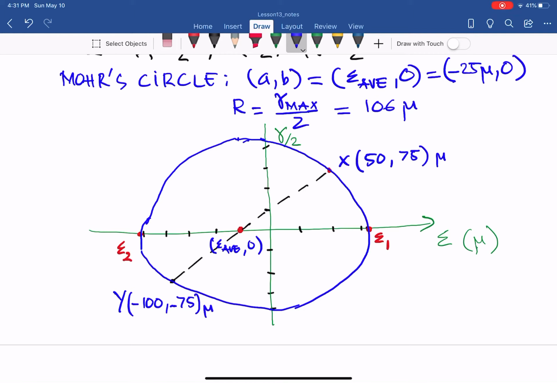And then gamma max. In this case, gamma max over 2, divided by the line from here, go up, and that is gamma max over 2. Everyone see that, because the axis that we have is gamma over 2.